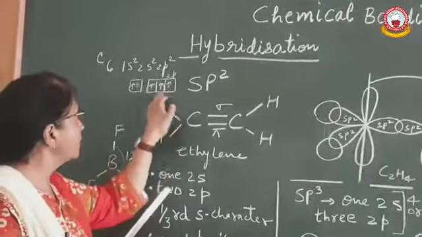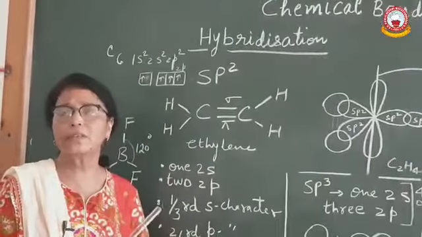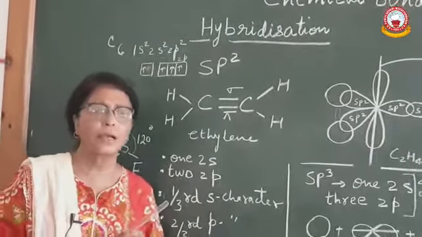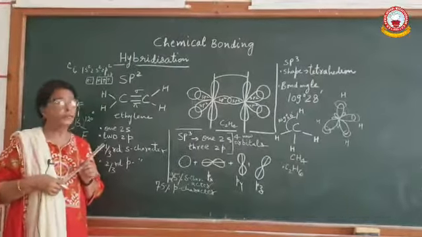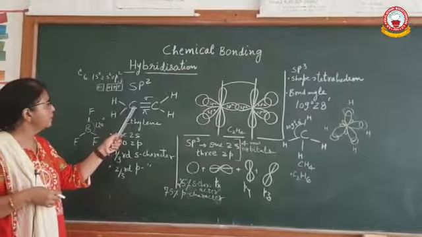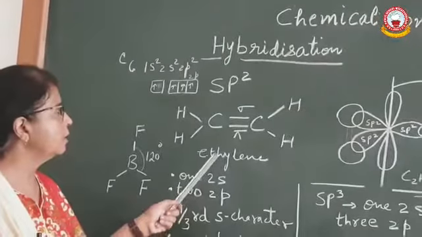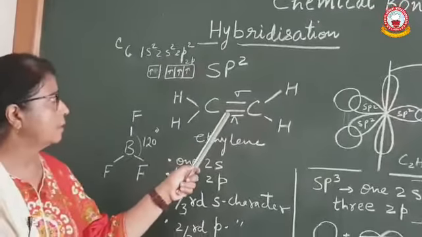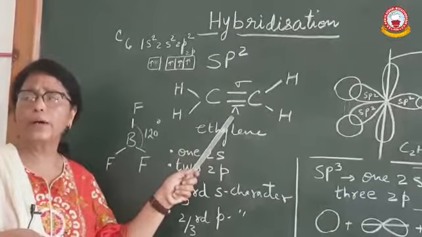After this excitation stage is obtained, mixing of orbitals takes place, and mixing of orbitals is known as hybridization. So, today I will be taking sp2 hybridization. You can see the figure drawn here, that is ethylene or ethene. It has a double bond, one is sigma, another is pi.